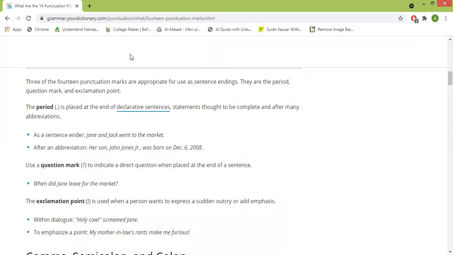So are the relevant punctuation marks clear to all of you? Is it fine, everyone? Any confusion? Okay, that's good. Everything is clear.